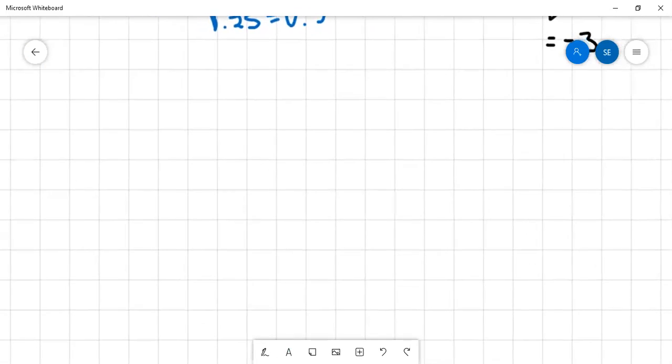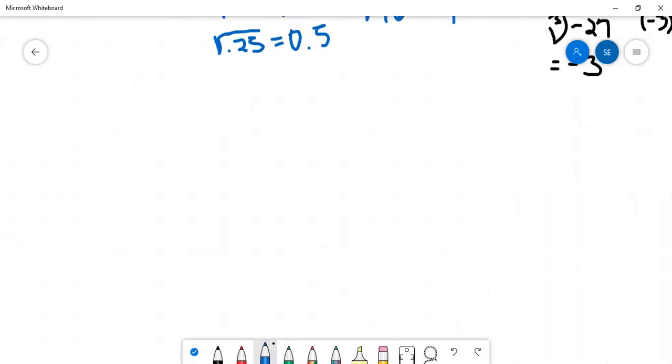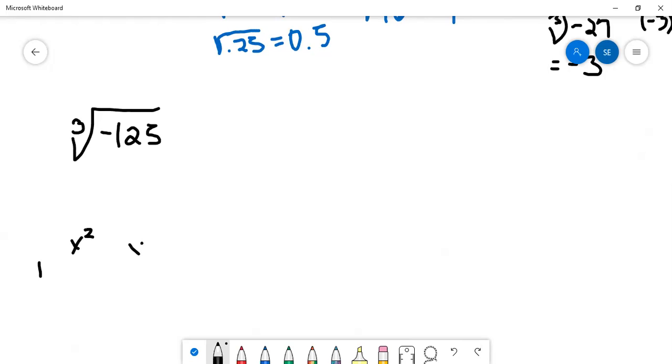So let's just go through. I have a couple written down. We have the cube root of negative 125. Okay, so we want to know what cubed gives us negative 125. It is worthwhile to set out a table with x, x squared, x cubed, x to the 4th.